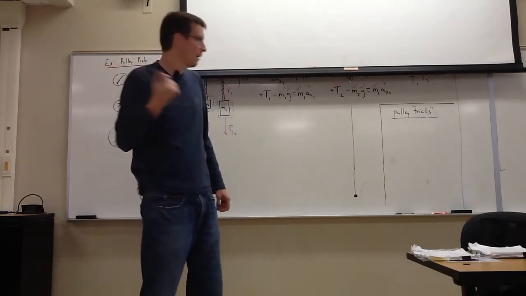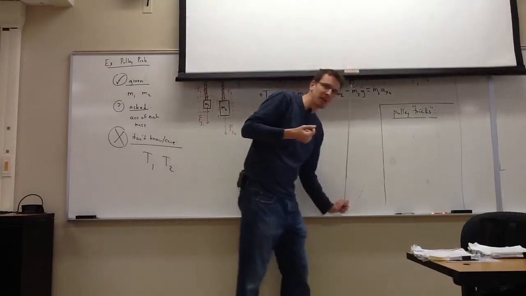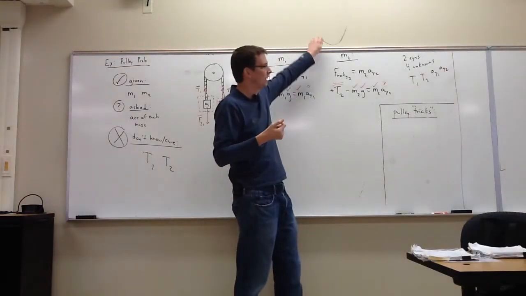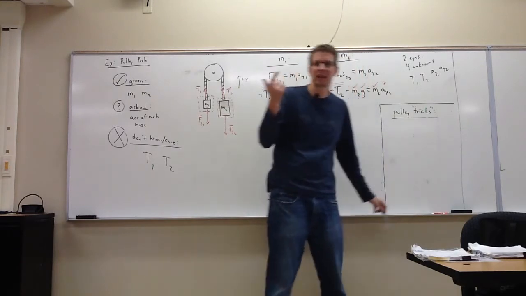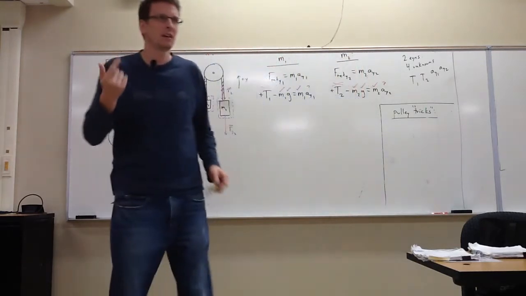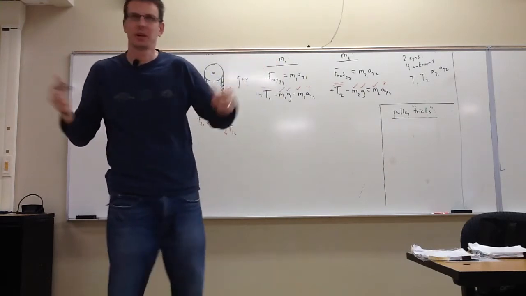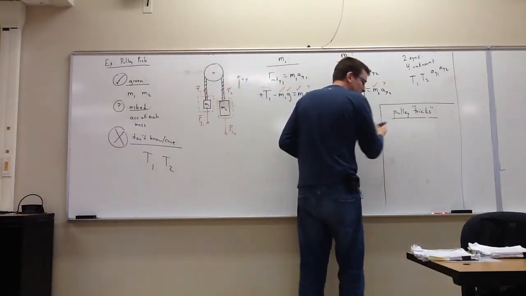And so the point I'm trying to make here is that if we can assume that the rope is not pinched off and its mass is negligible, what we're guaranteed is that the tension is the same everywhere, okay? So that's my first trick.